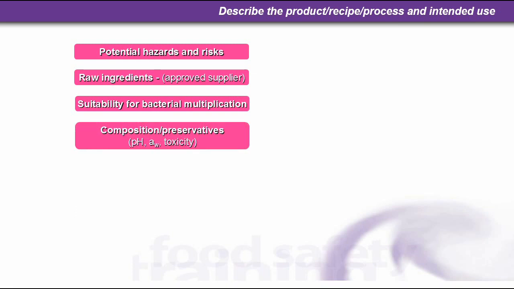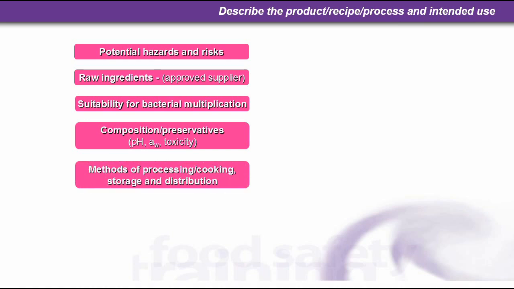The composition, preservatives being used, the pH value, which is the acidity-alkalinity value. Obviously, bacteria like a neutral pH of about 7. So any product which is around about that pH, such as meat, can cause a problem because of bacterial growth. AW, the availability of water or moisture, and the toxicity.